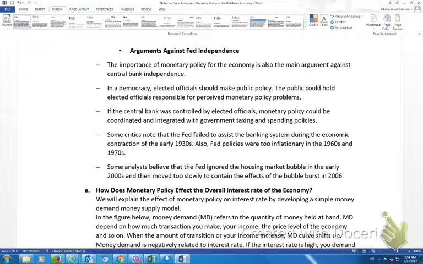So, with that, let us now move forward and have a more operational understanding about how the monetary policy wing of the government affects the overall macroeconomic outcomes.